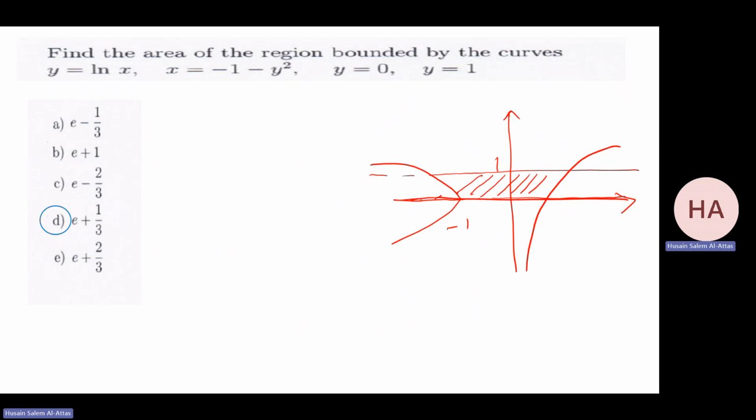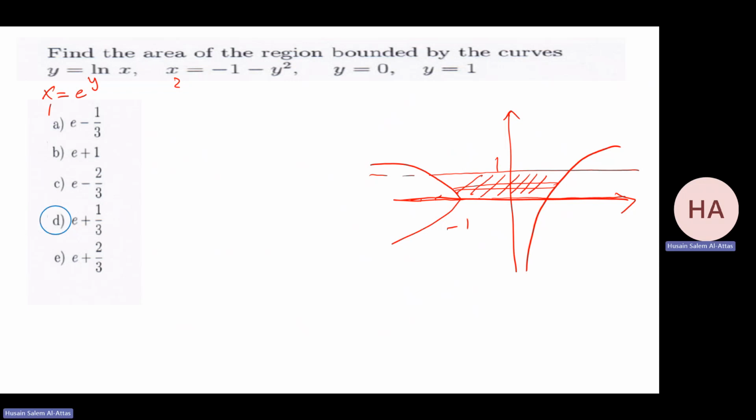I will do it in terms of y. I have the strip this way, and it is the integral from 0 to 1. I need to be careful. I write it in terms of x now. So I have x equals e to the power y. That will be my x1, that will be my x2.